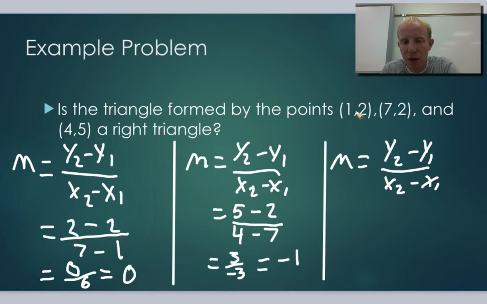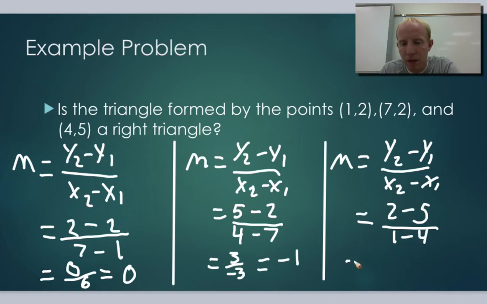In this case, we're comparing this point right here to that point right there. Let's call this the second point and this the first point. So y2 is 2, y1 is 5, x2 is 1, and x1 is 4.